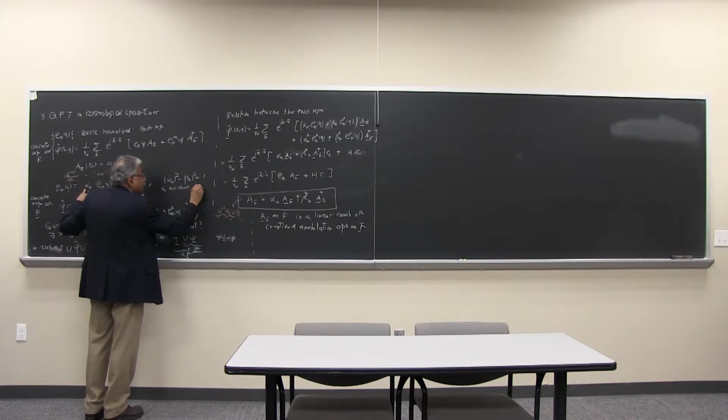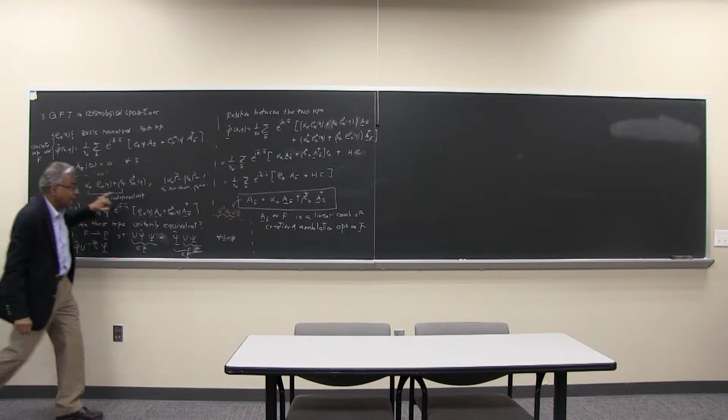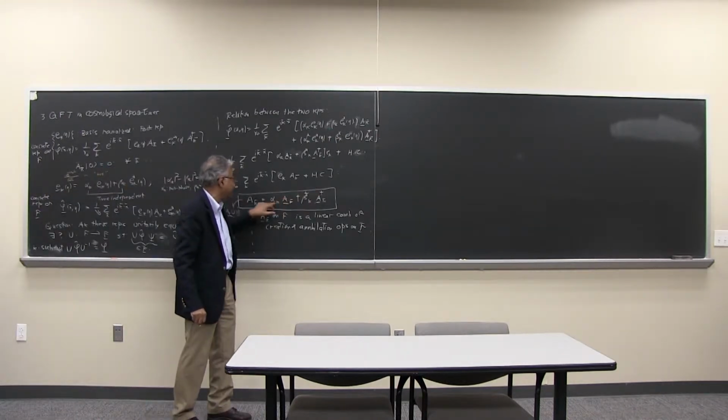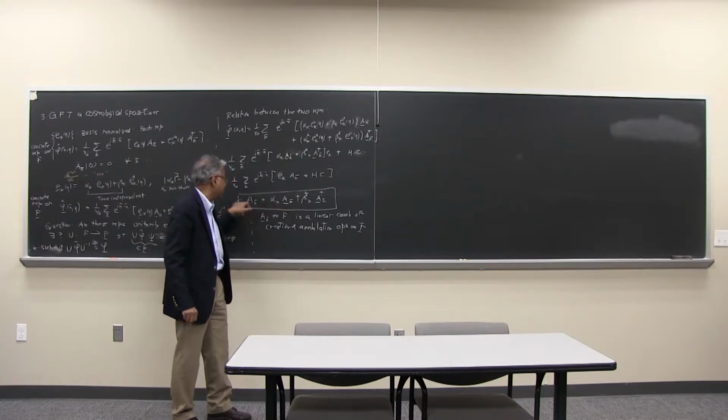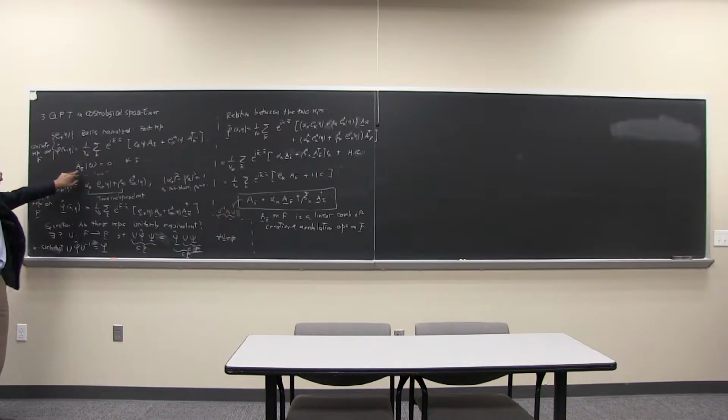In that case, as you can see here, a bar k is just related to ak by a pure phase. But the vacuum state is just selected by ak operating on the vacuum equal to 0, so if I multiply it by a pure phase, it doesn't make any difference.